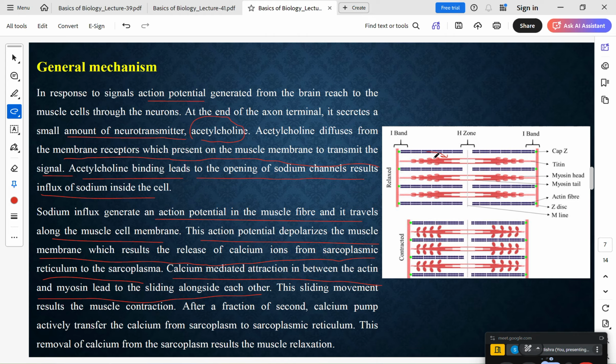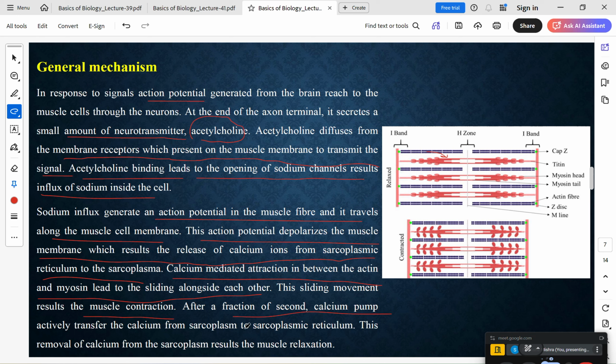Then there is a utilization of ATP, which gets released as ADP and Pi. This release of the ADP and Pi creates a sliding movement which results in the muscle contraction.